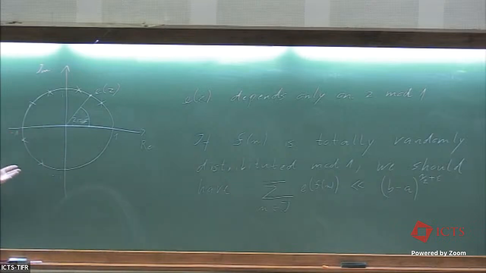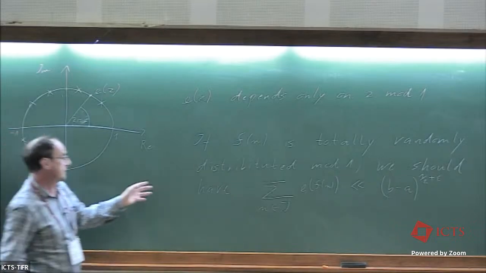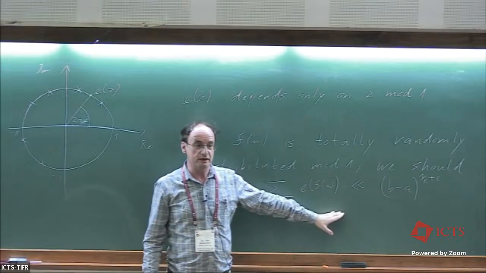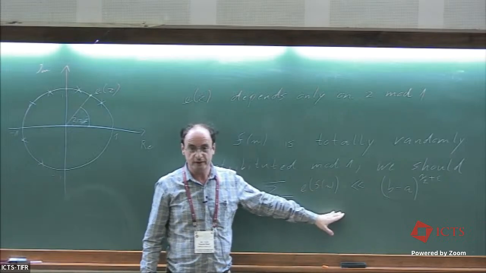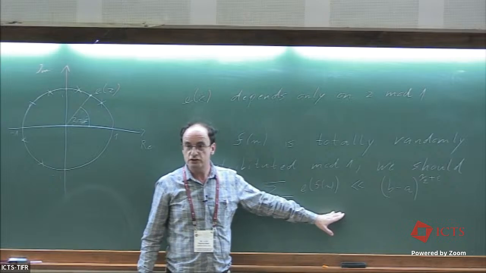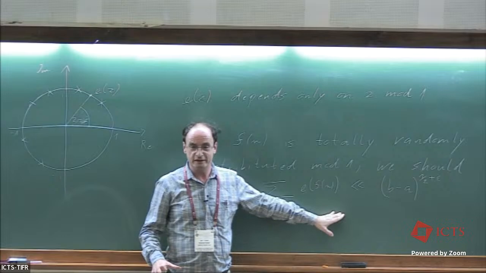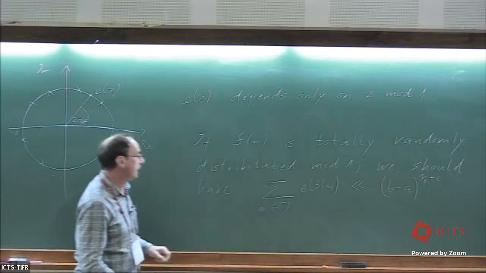And in fact, there are many situations where we expect this behavior of exponential sums. There's the so-called exponent pair hypothesis, which implies that in many situations. But we are quite far away from proving that in typical situations.